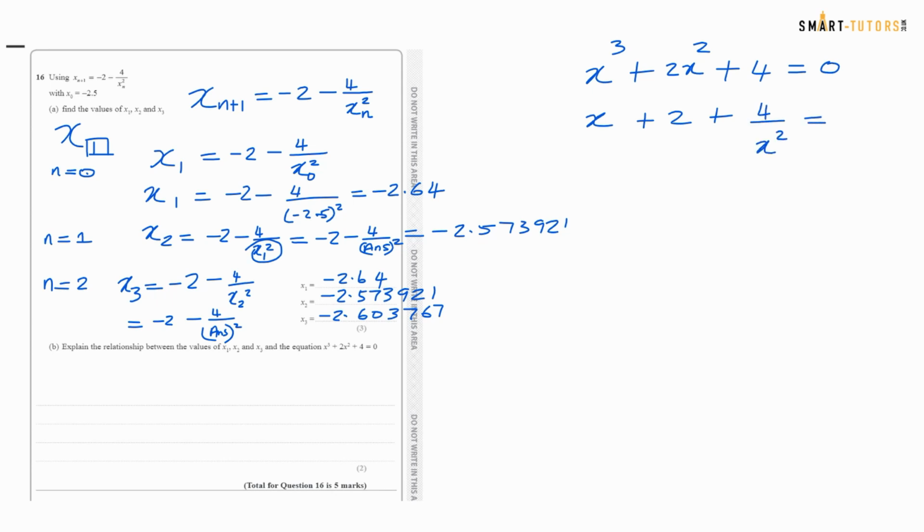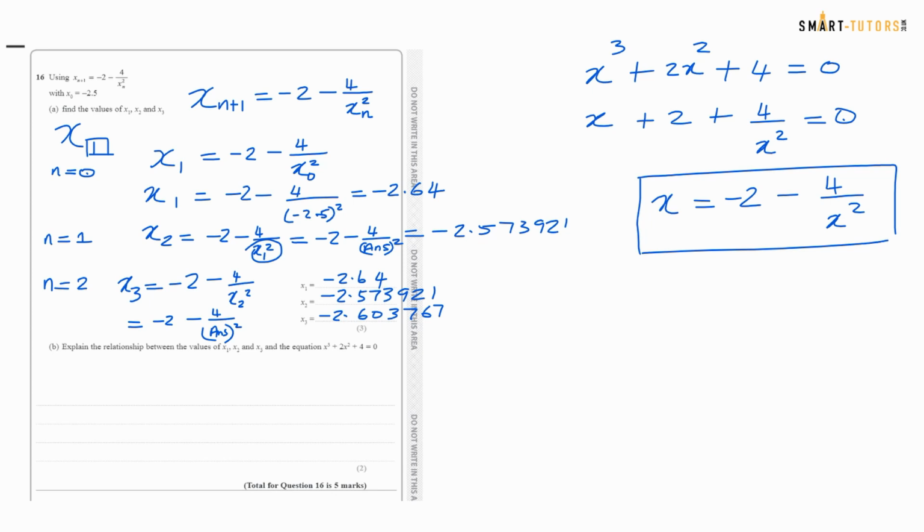If I divide all the equation by x squared, this becomes x plus 2 plus 4 over x squared, so that is equal to 0. So x equals, the plus 2 goes to the other side, minus 2 minus 4 over x squared. So this is the exact equation in part A.